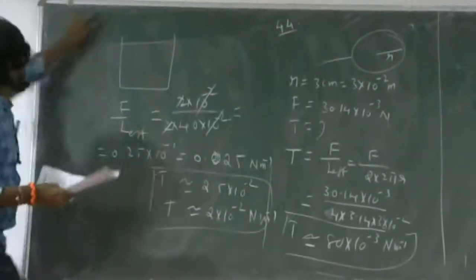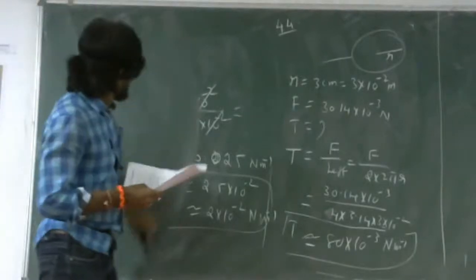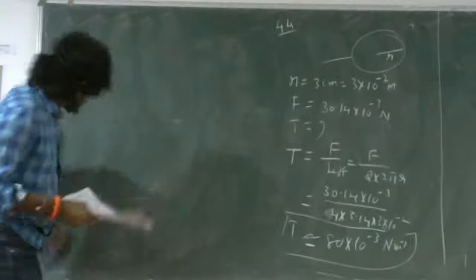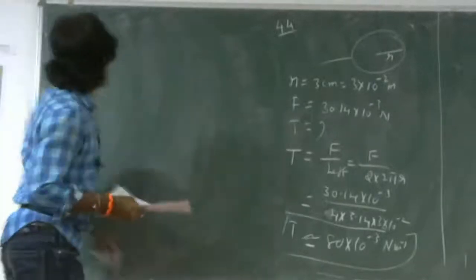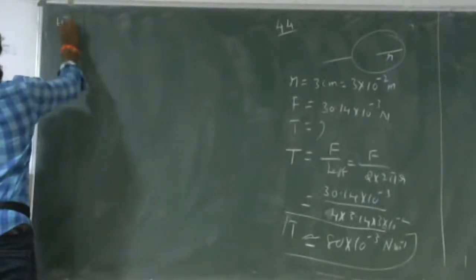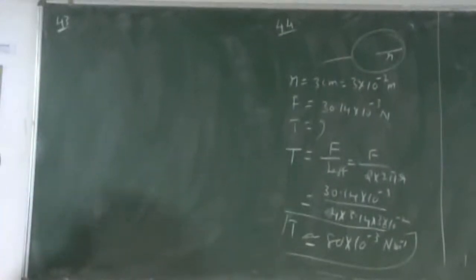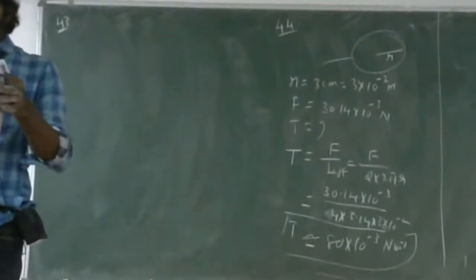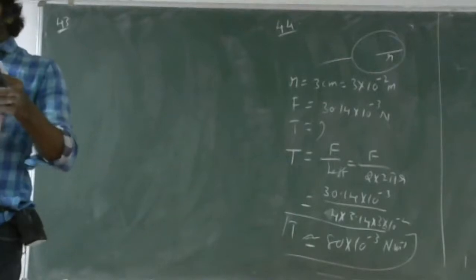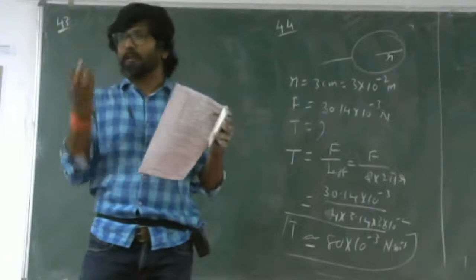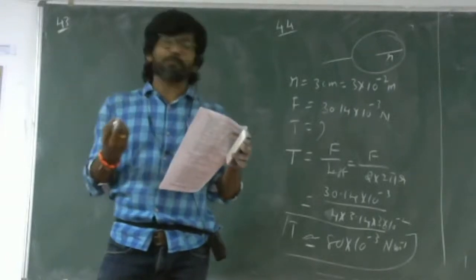Question number 43. So what is given here? It is given that the shearing stress between horizontal layers of, so you have to remember the conceptual points to answer some questions.